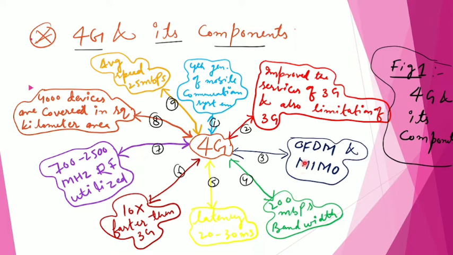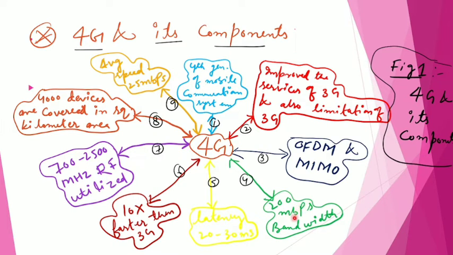So the signal that takes 10 minutes to reach the destination in 3G takes only 1 or 2 minutes with MIMO. So it is 10 times faster than 3G. The bandwidth used in 4G is 200 Mbps.